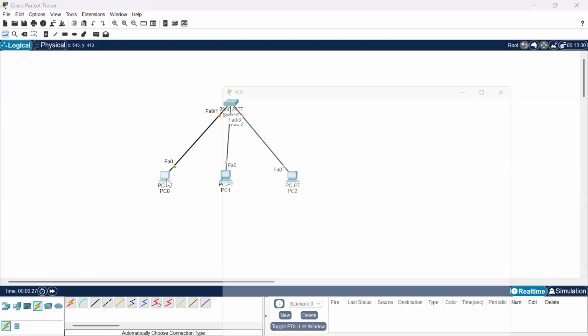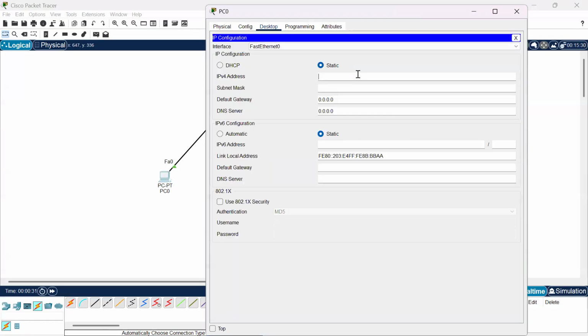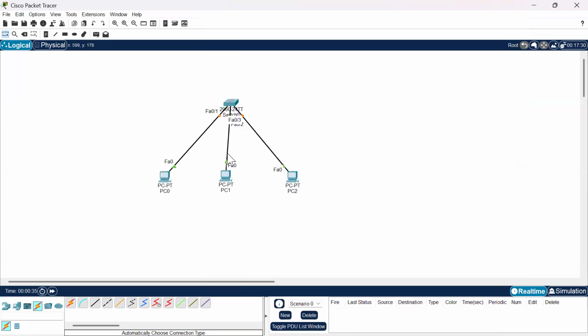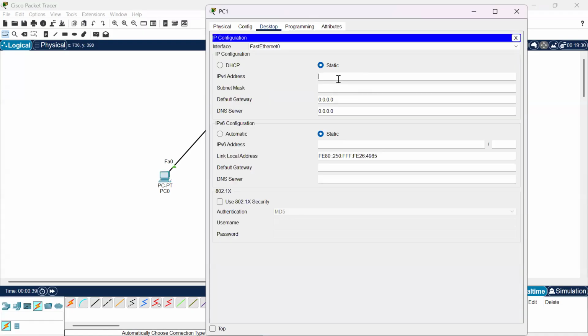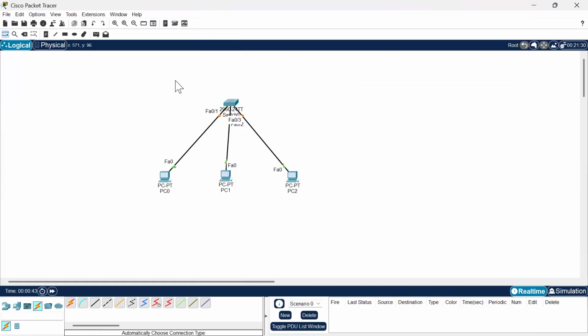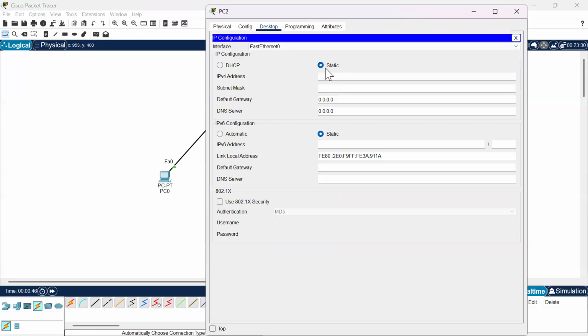Now come to this PC first. Desktop, IP configuration. IP is 10.0.0.1. Desktop IP configuration. IP is 10.0.0.2. Desktop IP configuration. IP is 10.0.0.3.